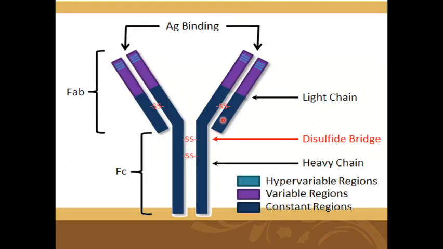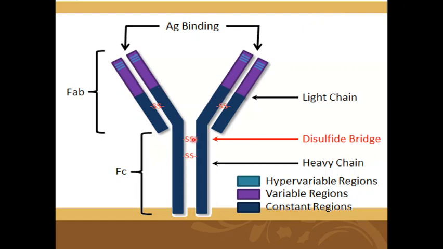Look at my pointer, this is the heavy chain, this is the light chain, okay? And there is a variable region in both, and this is the constant region. And the variable region binds with the antigen. So each immunoglobulin is composed of 2 light chains and 2 heavy chains.